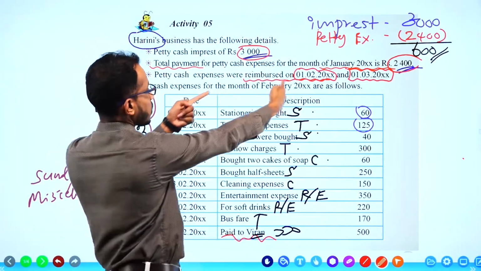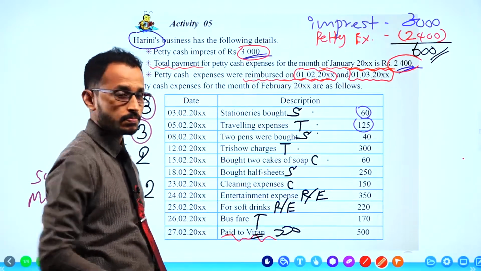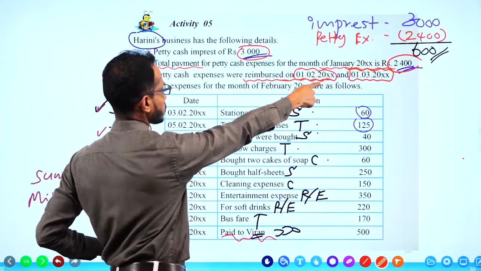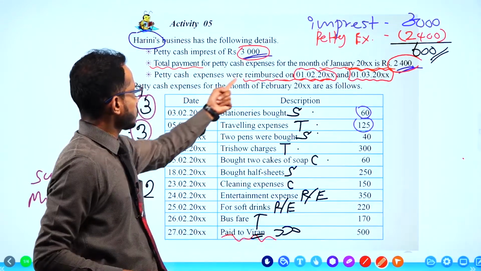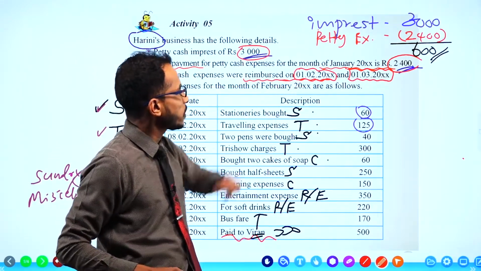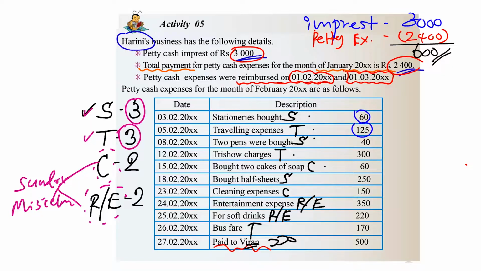Okay, it's given there. See, petty cash expenses were reimbursed on 1st of February. It says here petty cash expenses were reimbursed on 1st of February. That is what we should record first.